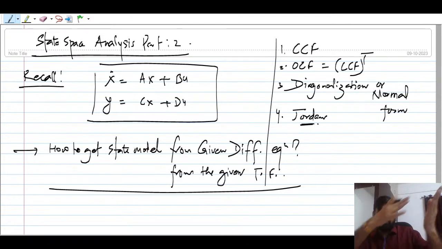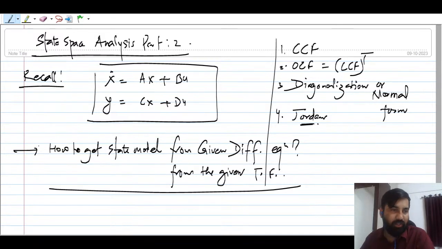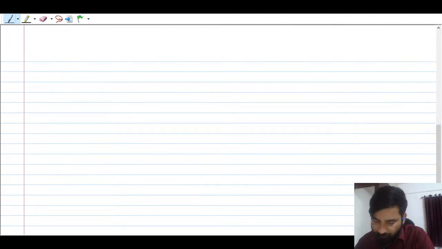I've given you the structure of the basic matrices in which you have to write CCF, and you have to write OCF, which is nothing but the transpose of CCF. So please remember these two problems that you can expect.